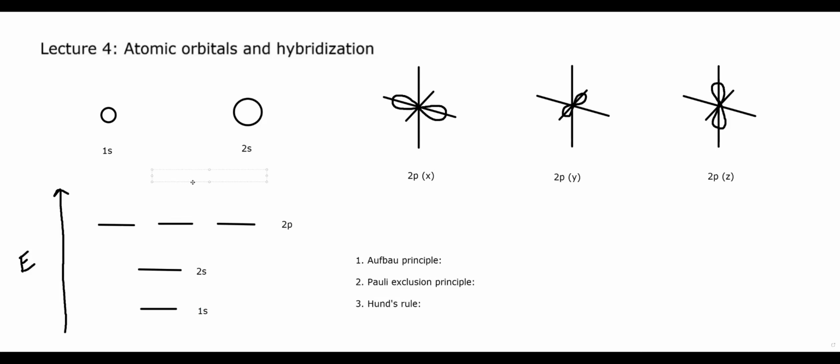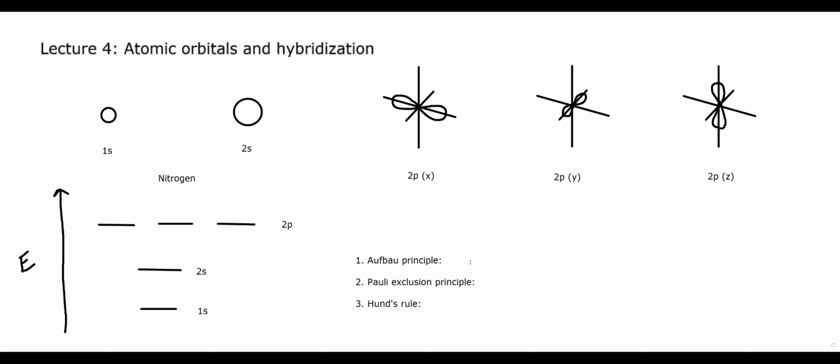Now let's fill this electron diagram in for nitrogen, okay? Let's fill this in for nitrogen. Now remember, when you fill these electron diagrams in, you have to follow these 3 rules: Aufbau principle, Pauli exclusion principle, and Hund's rule.